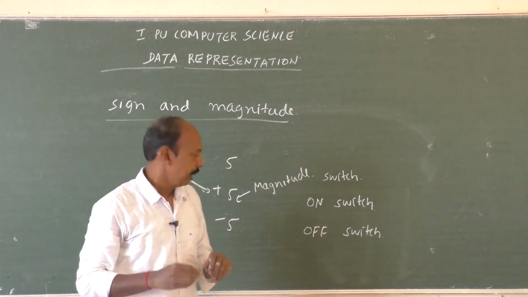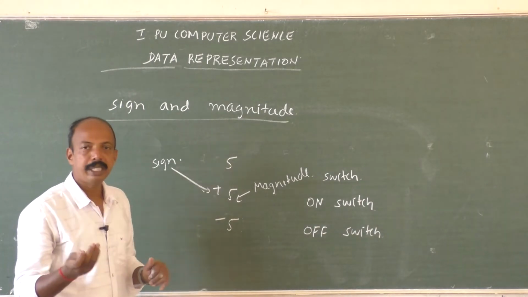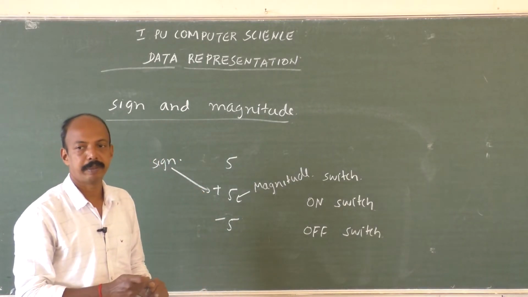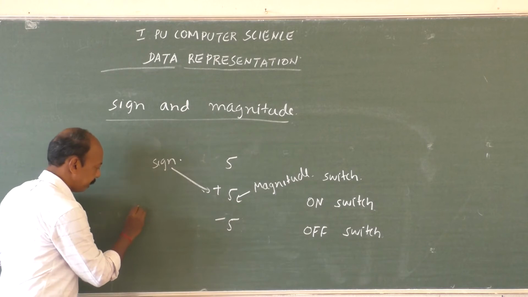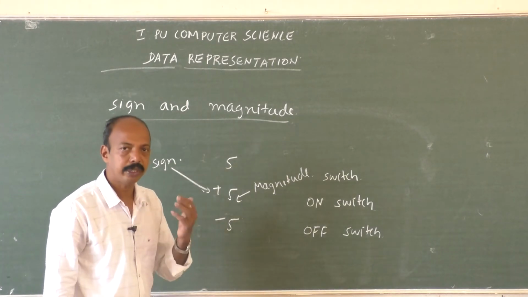Now we also know that in binary number system, how many symbols we have? 2 symbols, they are 0 and 1, isn't it? Only 2 symbols.